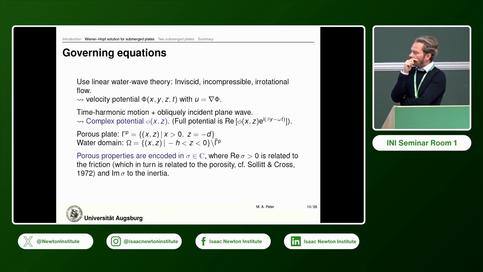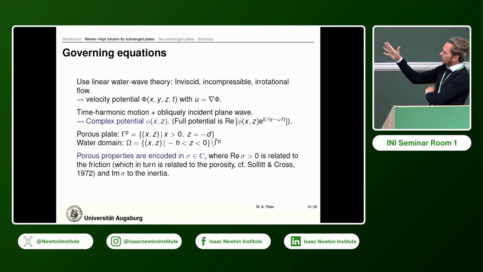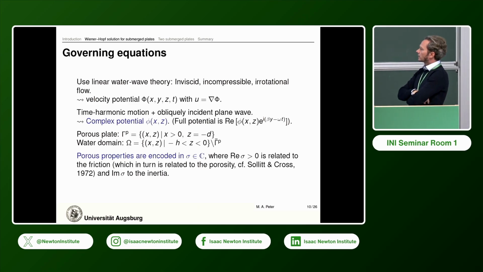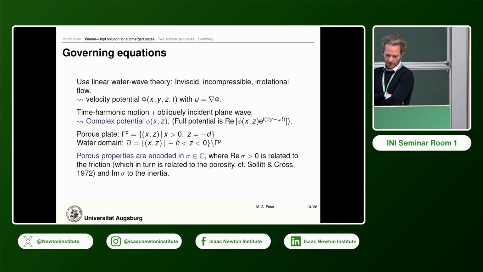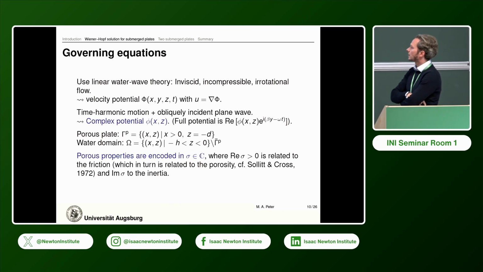And then, just to save a bit of writing, in the next few slides I will always talk about the porous plate, but I'll discuss afterwards how very easily, through the way we've done the analysis, this generalizes to the poroelastic plate.